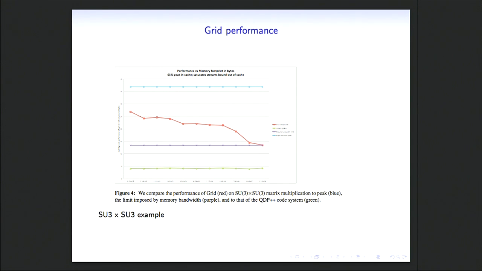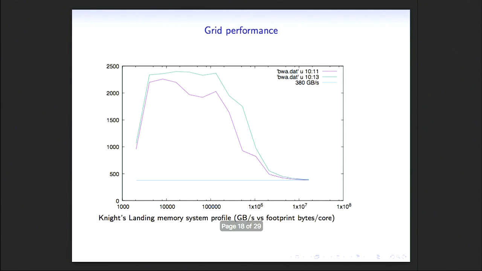On an AVX-based quad-core, we get, this is peak. This is the stream's memory bandwidth limit. We're doing better than that inside L2 cache and fall to that out of cache, and are getting 65% of peak within the L2, and in this region, about a 5.5 times speed up over the QDP++ package, which I think is quite an impressive result.